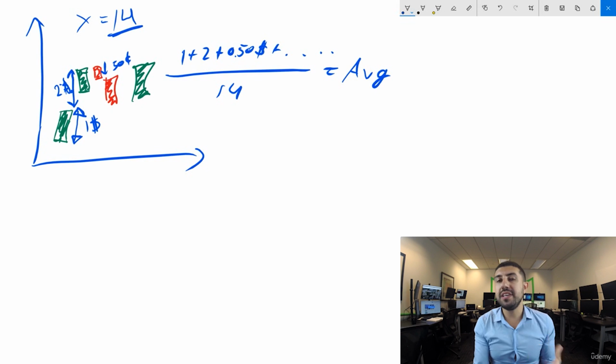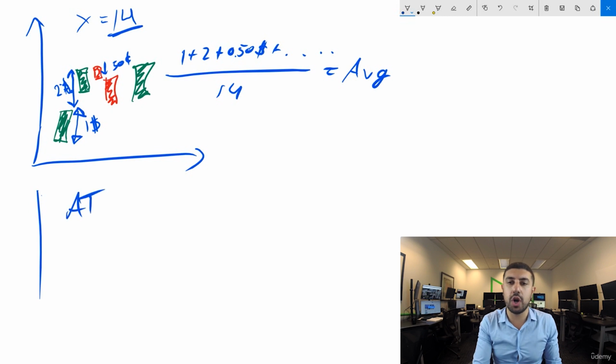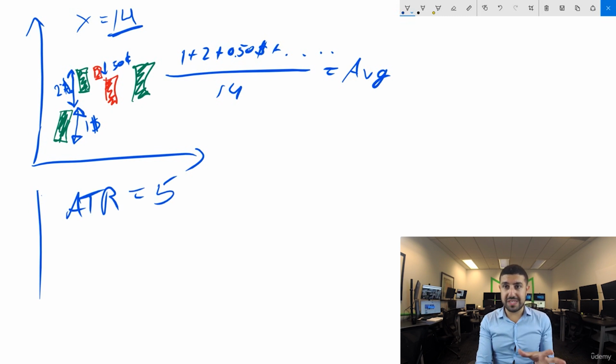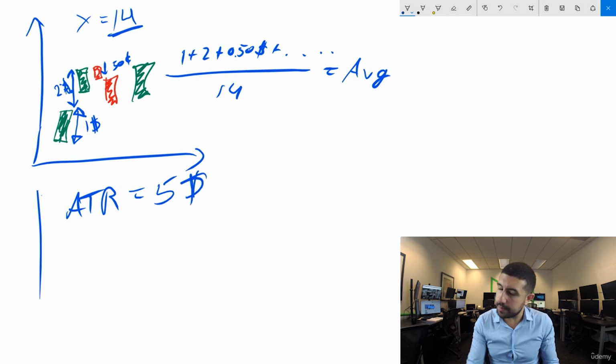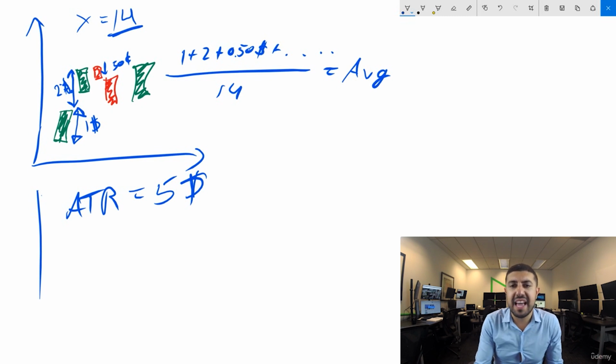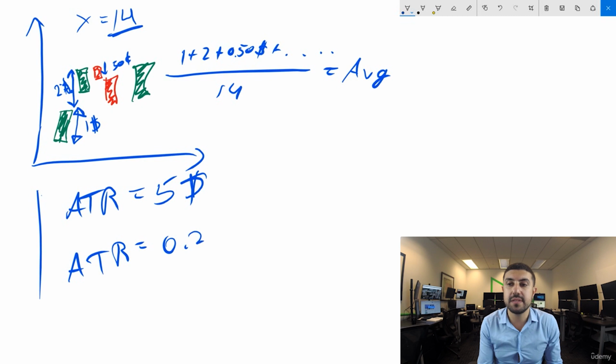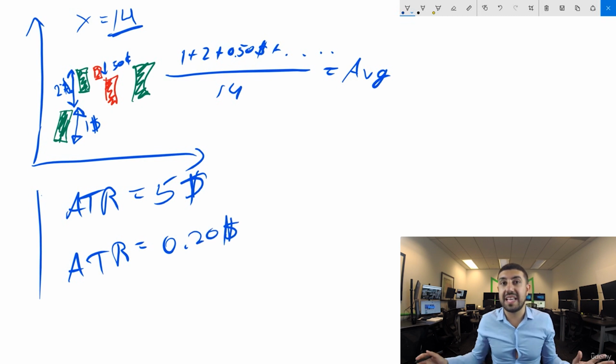Okay. And why is that helpful? Because if you're trading a stock that's super expensive or super volatile, it might have an ATR of $5, meaning it moves about $5 every day. Sometimes it moves 10, sometimes it moves 2 or 3, but on average, it's going to be $5. But then if you're trading a not too risky, safe company that has an ATR of, let's say, 20 cents, well, that's different, right?